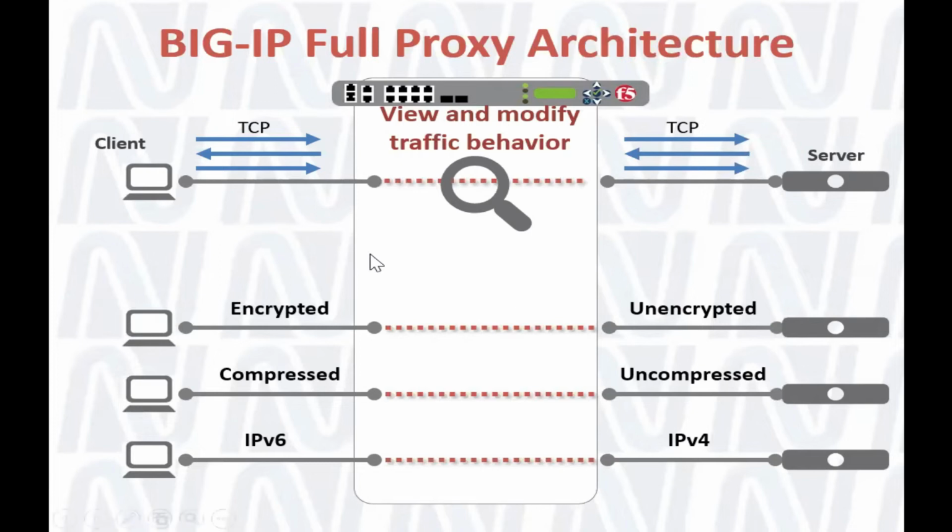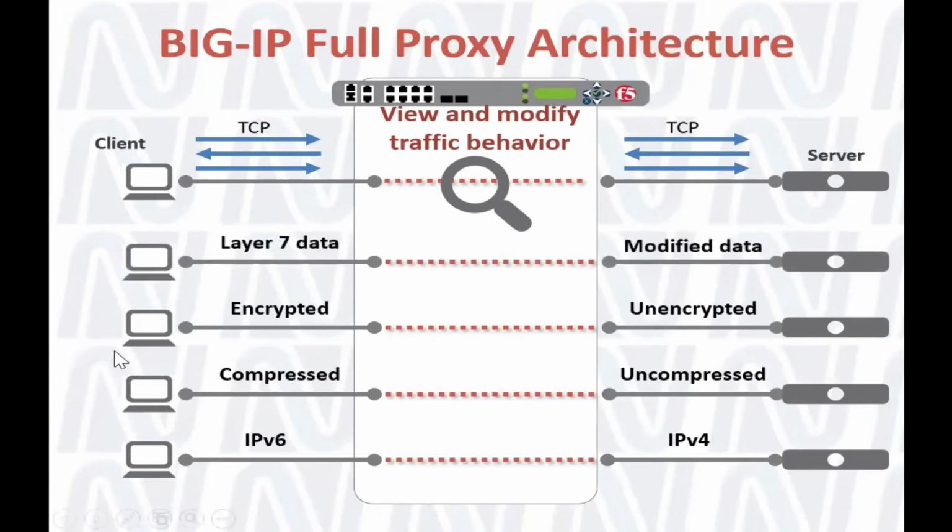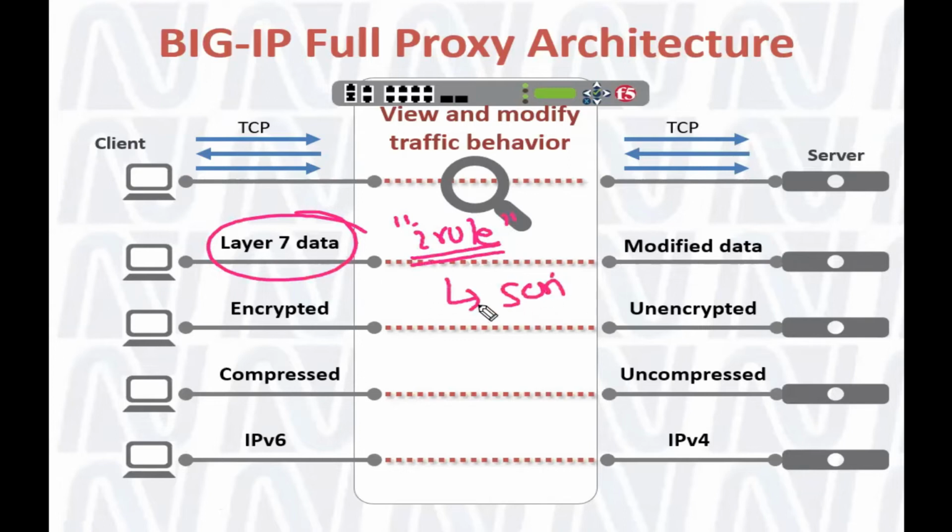All these functionalities we can perform because our device is acting as a full proxy. When I say modifying the layer 7 data, I am talking about one more unique point named iRule. iRule is a scripting language already embedded into your hardware. By using this scripting language, you can write your own functionality for your F5.